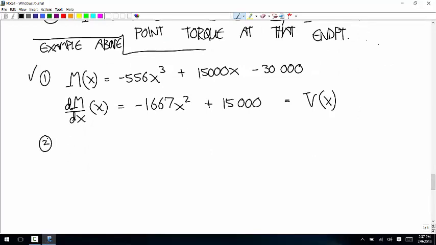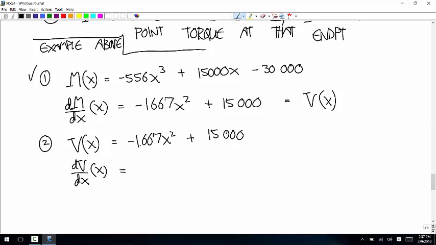Don't get too excited yet. Still 5 to go. Okay, so the shear force function is what we just wrote: negative 1667x squared plus 15,000. So dV/dx is equal to negative 3333x, and now we want to compare this to the distributed load function.